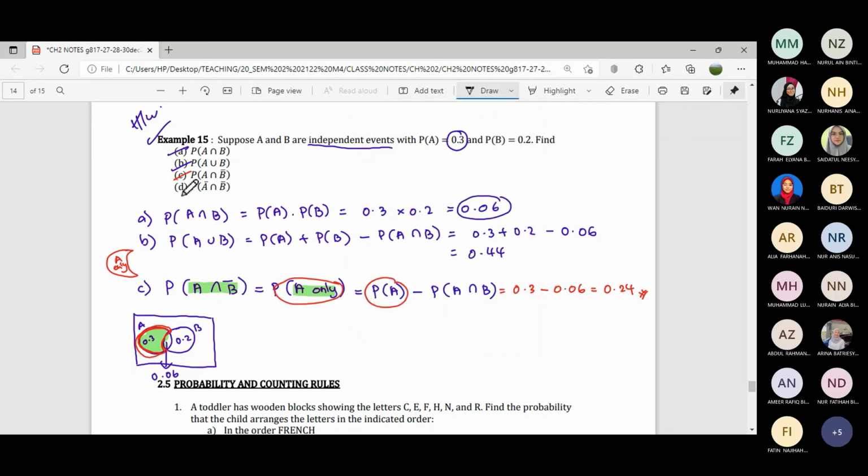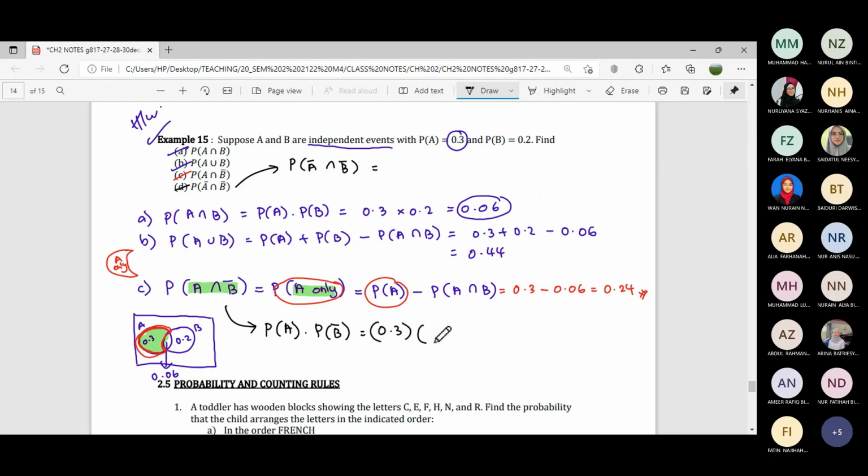Okay, cuba untuk D. For D, probability of A bar bersilang dengan B bar. Oh, ada lagi satu cara. Dia lupa nak tunjuk ni kan. Sebab dia independent, maksudnya dia punya B bar pun independent. Kalau nak cepat, ambil P(A) darabkan dengan P(B bar). P(A) kita 0.3.